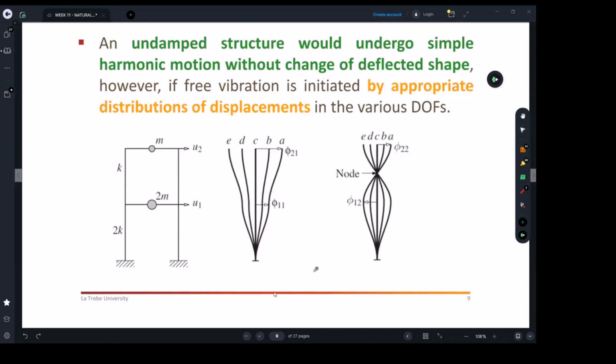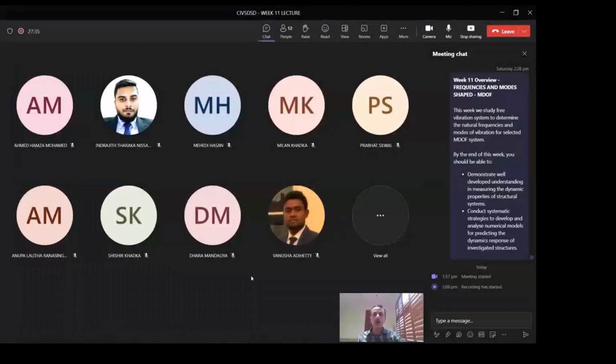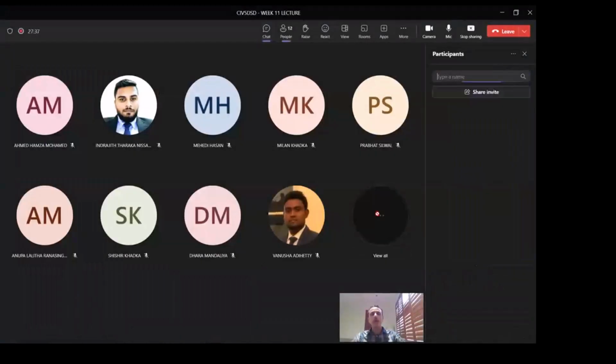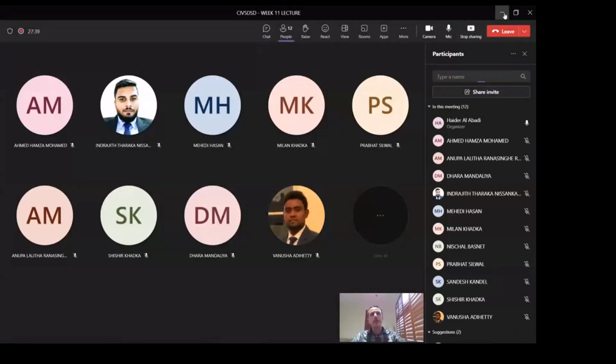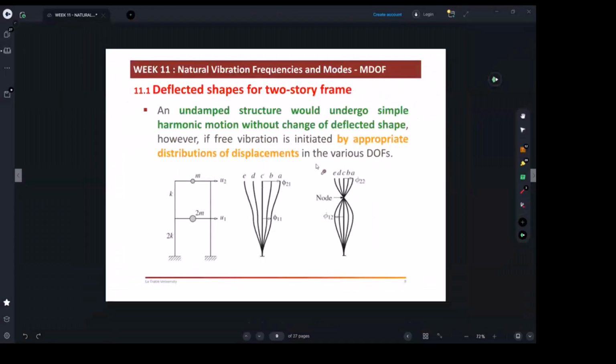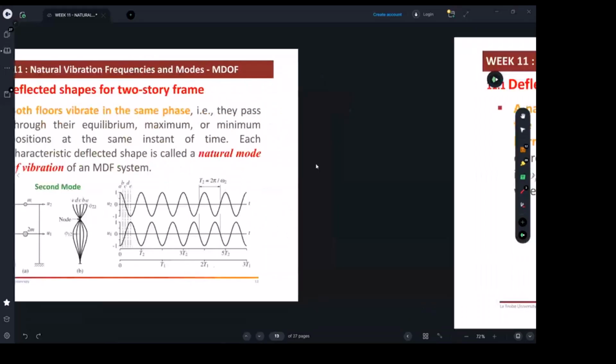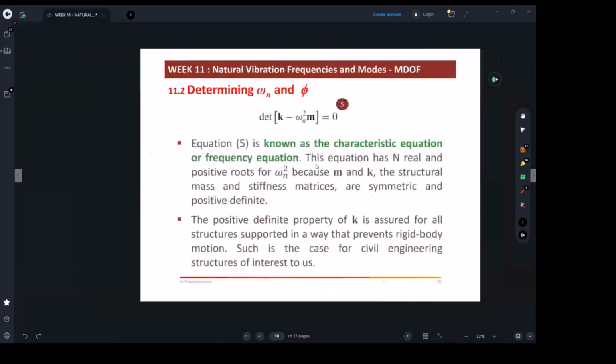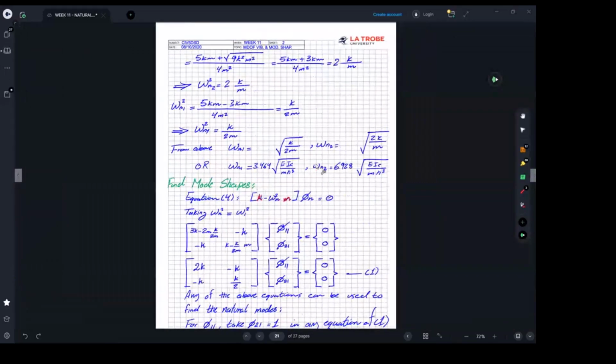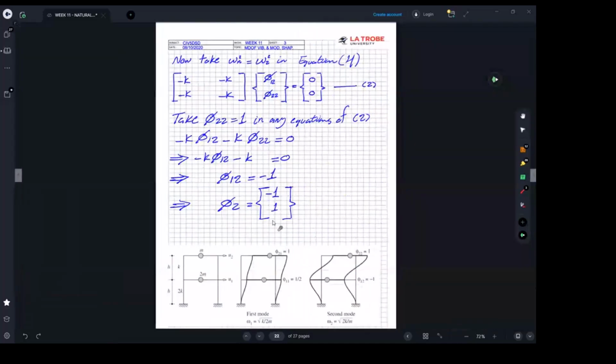Can anyone just jump in and tell us why you would be worried about finding the mode shape for the system? That's basically what we're going to be showing you soon when we get to calculations.